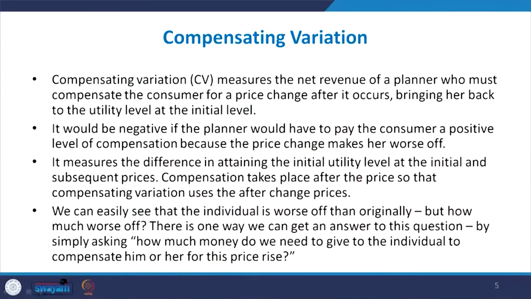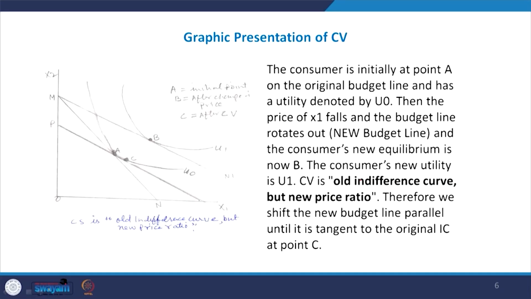One way we can get an answer to this question is by simply asking how much money we need to give to the individual to compensate him or her for the price rise. When price increases, welfare of the consumer goes down, so how much money should we give to the consumer so that the consumer can maintain the same level of utility, the same level of welfare, is exactly known through compensated variation.